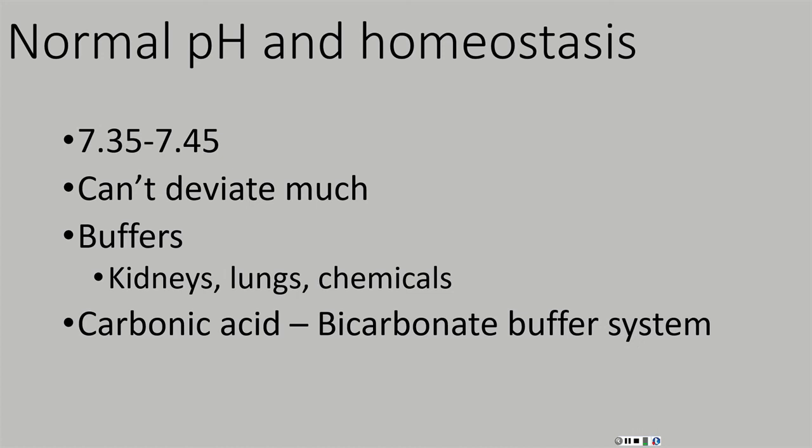Normal pH for the body is 7.35 to 7.45. So what does that tell us about the body? The body is slightly alkaline. It's tempting to think that the body is pH neutral, but it's not. It's slightly alkaline. It is above 7 exactly.